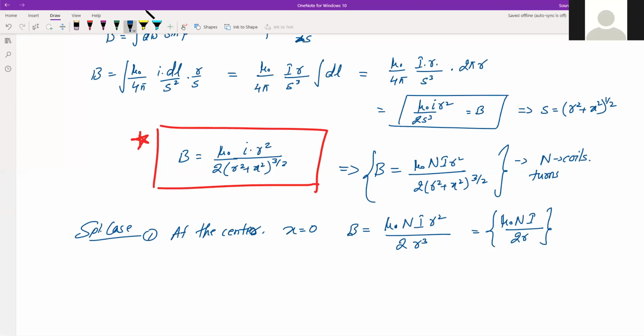Now if you see here, there is r square on the top, and we also had pi somewhere, right?